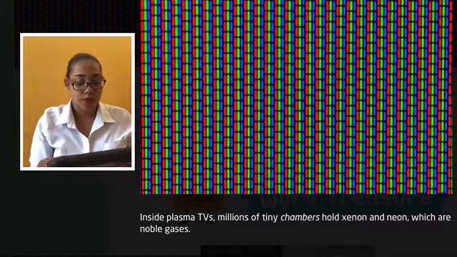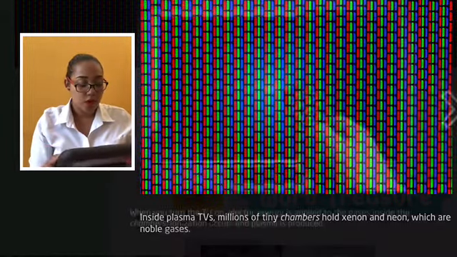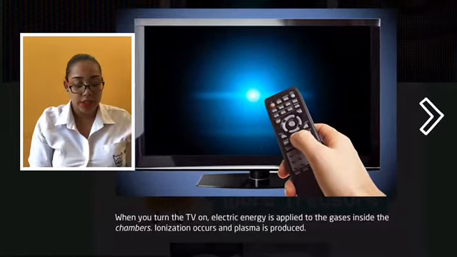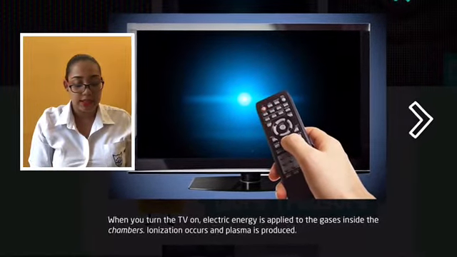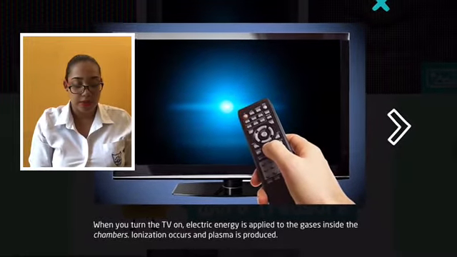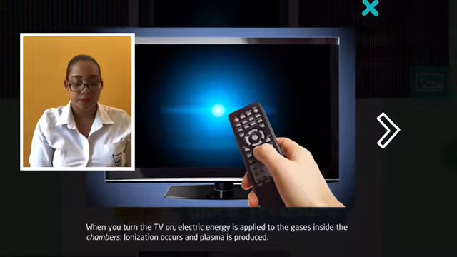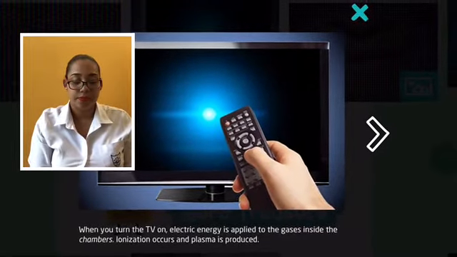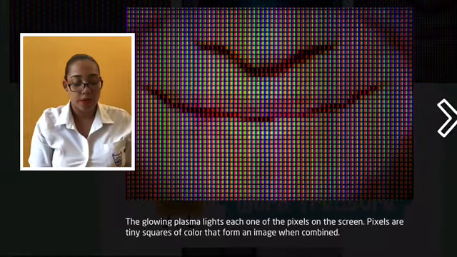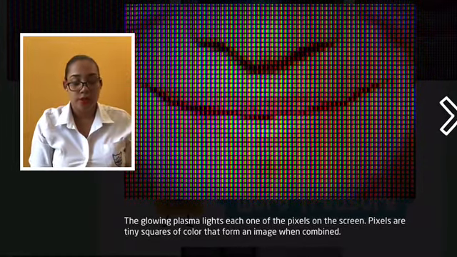Okay. The next photo, when you turn the TV on, electric energy is supplied to the gases inside the chambers. Ionization, of course, and plasma is produced. That's cool. The glowing plasma lights each one of the pixels on the screen.